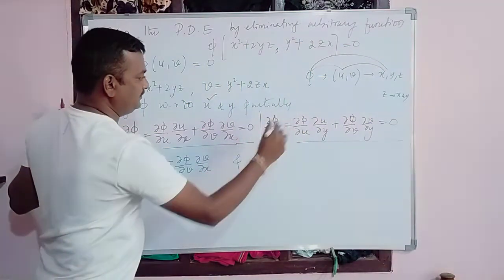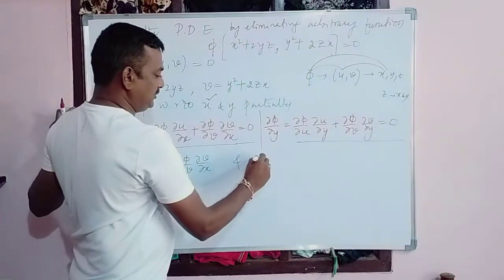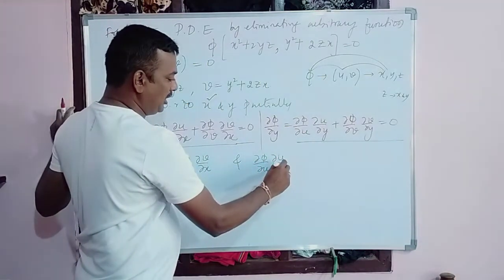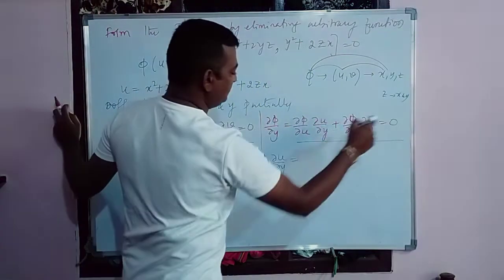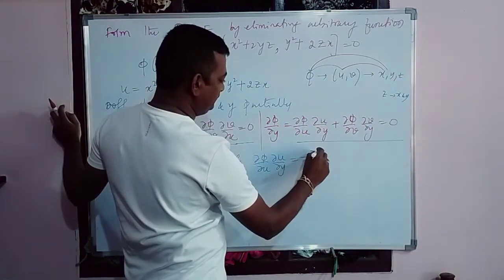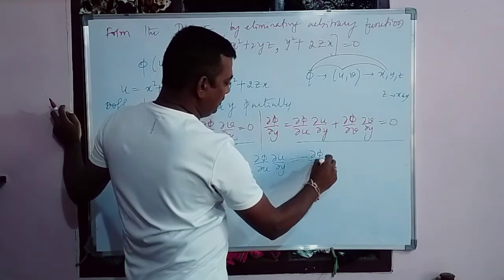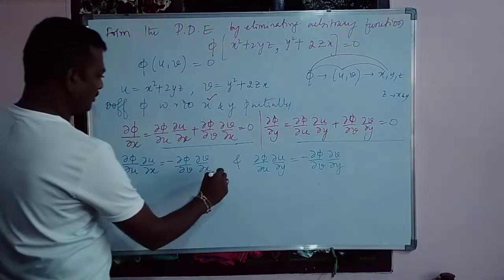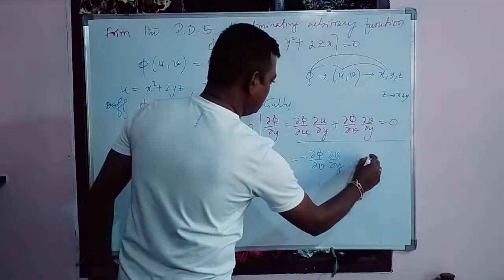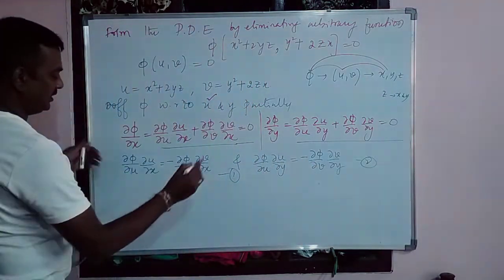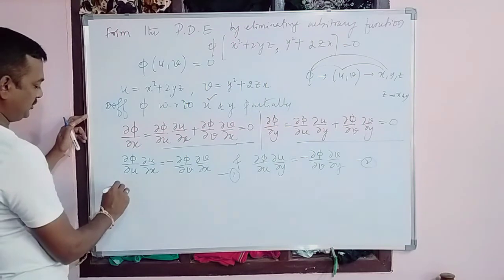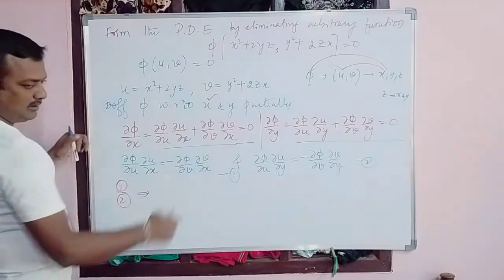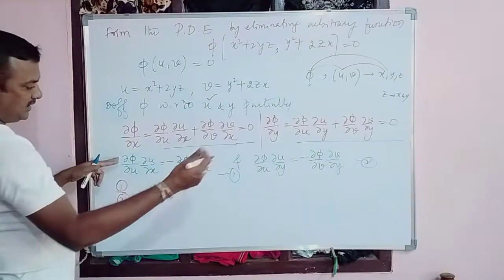And take this equation: dou phi by dou u into dou u by dou y is equal to, transforming to the right side, minus dou phi by dou v into dou v by dou y. Now you call them 1 and 2. So I am dividing 1 by 2, dividing the left side separately and the right side separately.